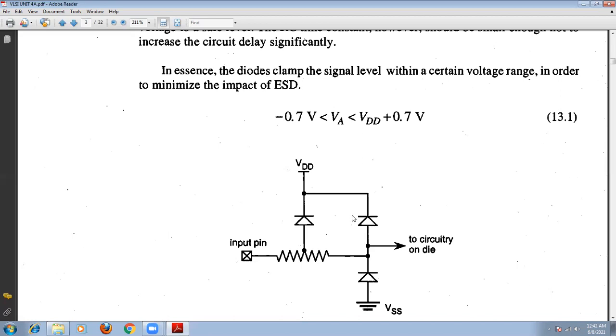When the signal low level appears at this point, this diode turns on and the other two diodes are off, so we get a voltage of minus 0.7 volts.